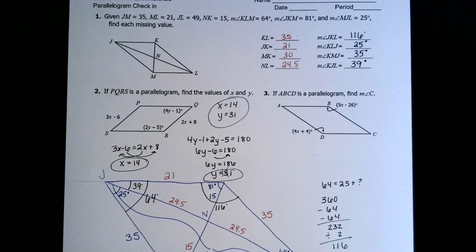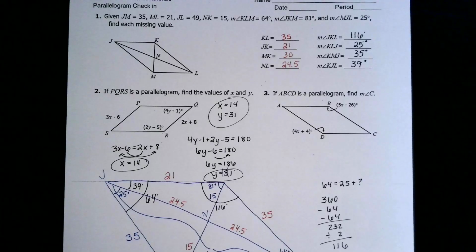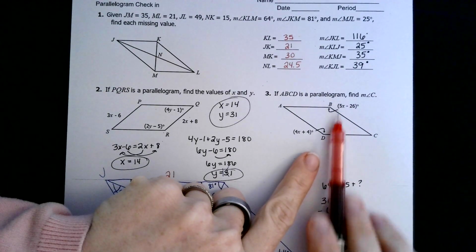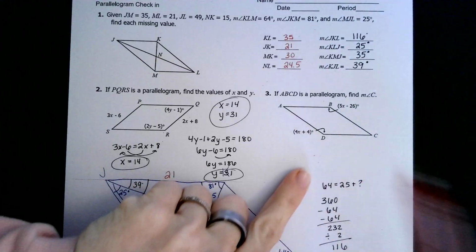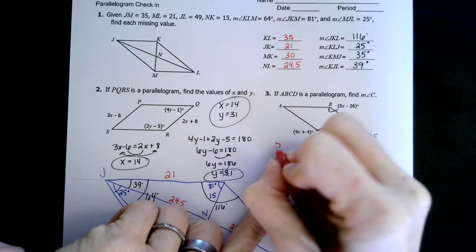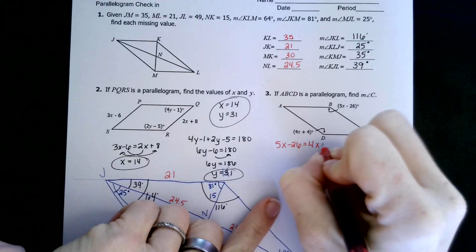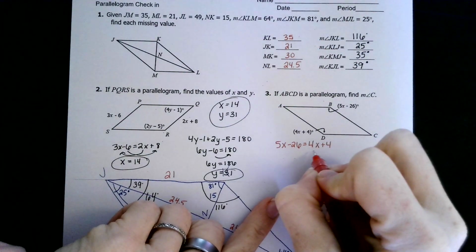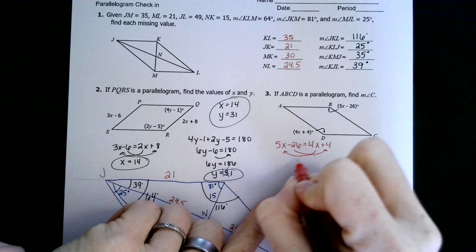Last one we're going to look at is we're finding the measure of angle C. But in order to do that, we have to do some figuring with angles B and D. So the property I have to use here is knowing that opposite angles in a parallelogram are congruent. So I'm going to have 5x minus 26 equals 4x plus 4. And I got to solve for x. Move the 4x over here by subtraction.